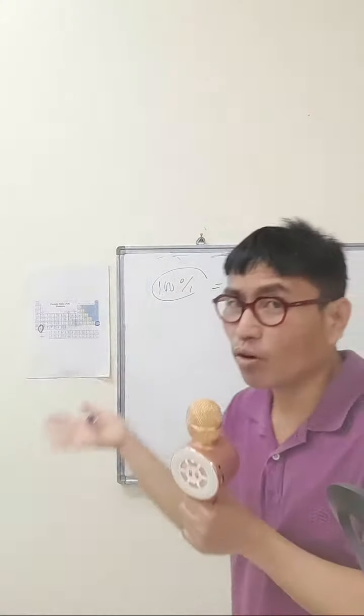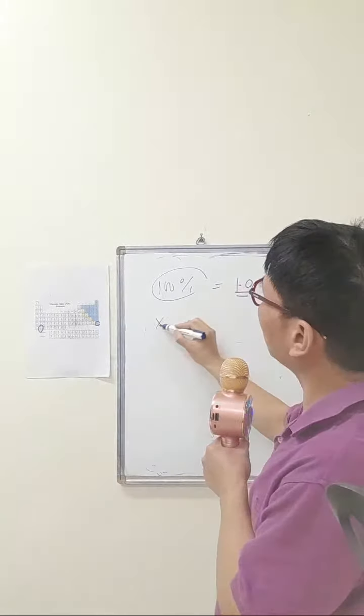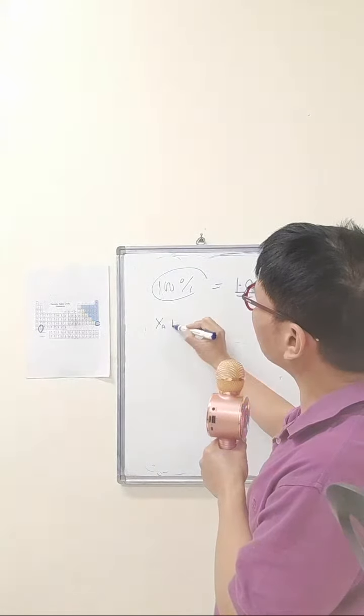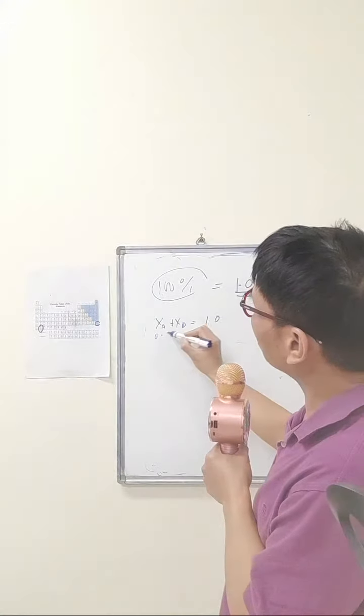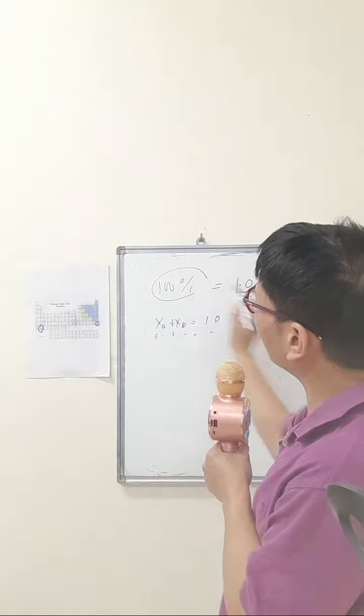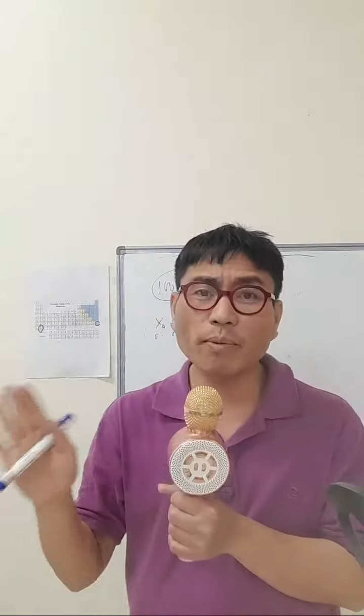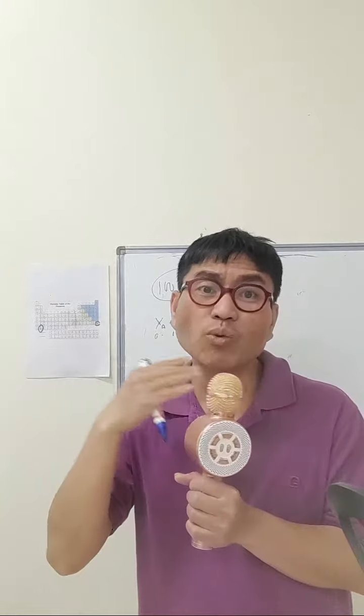That's why we have mole fraction: XA plus XB is equal to 1. Meaning this is point something plus point something equals 1, because if you multiply that by 100%, it becomes 80%, 70%, 50%. It will never go beyond 100%.